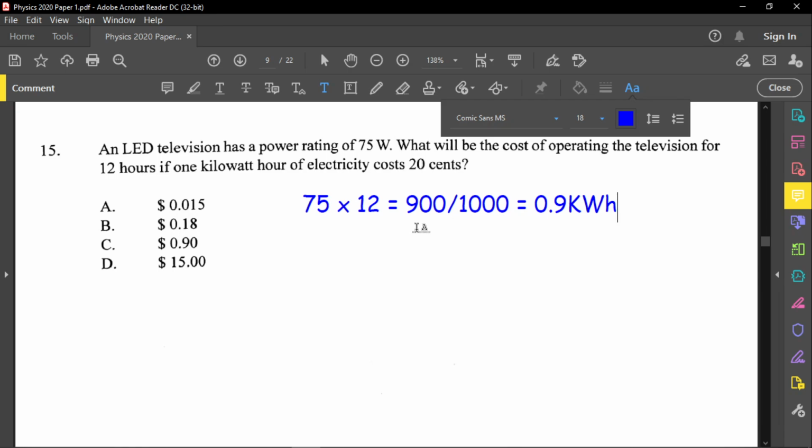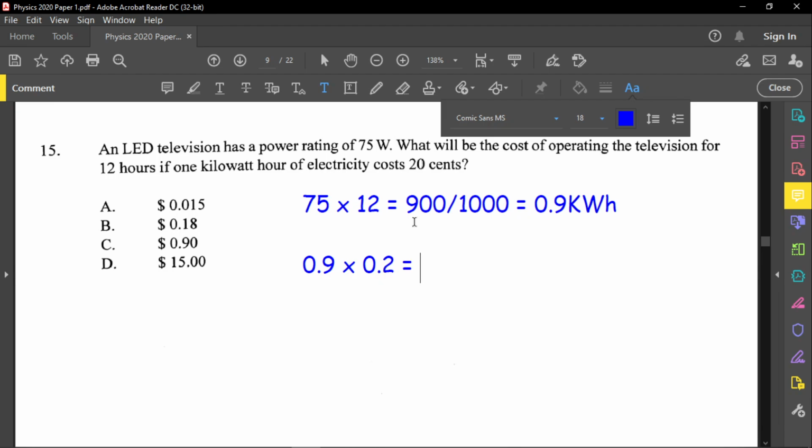All right, so once you have that, the next thing, remember that 1 kilowatt hour costs 20 cents. So 20 cents in terms of dollars, you divide by 100, so it's going to be 0.2. So you're going to multiply 0.9 by 0.2, okay, because 20 cents in terms of dollars divided by 100, you get 0.2.